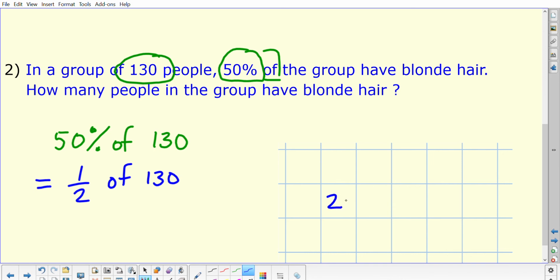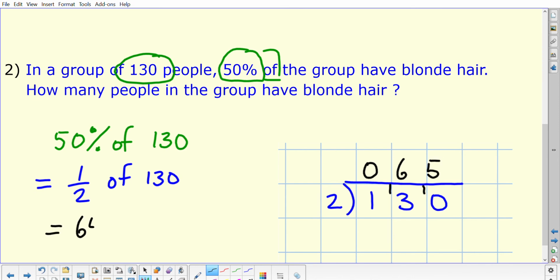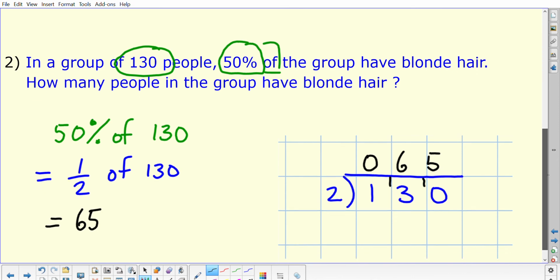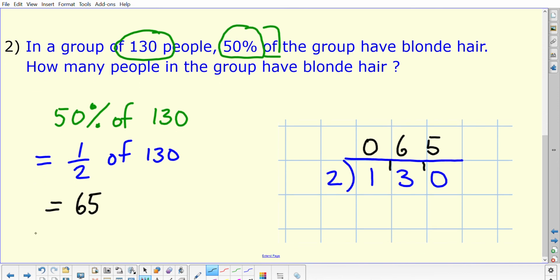So that means I'm going to do 2 into 130. So I'm going to have 2 into 1, doesn't go, carry the 1 over, 2 into 13, so 2 times 6 makes 12, carry 1 over, 2 into 10 would be 5. So half of 130 would be 65. So how many people in the group have blonde hair?